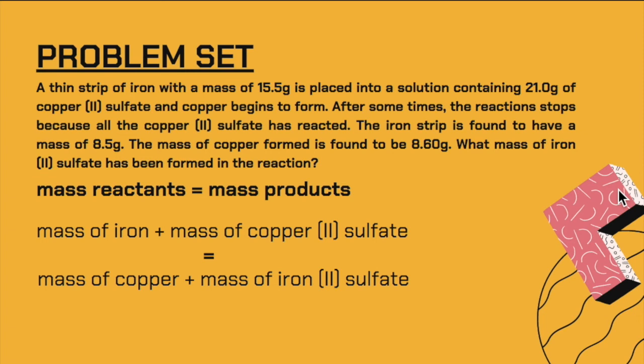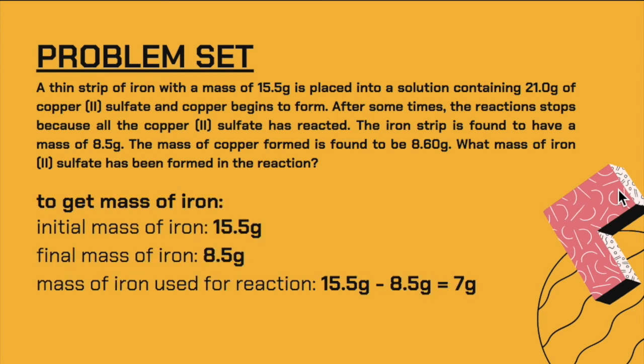Okay, but we have to keep in mind that the given masses for iron are actually our starting mass of 15.5 grams and our remaining mass of iron, which is 8.5 grams. So to get the mass of iron, we have again our initial mass of iron 15.5 grams, final mass of iron 8.5 grams.